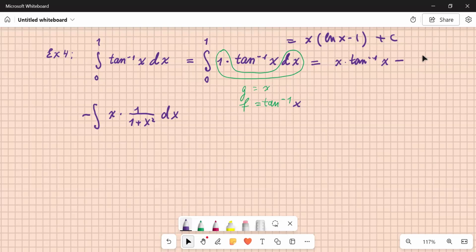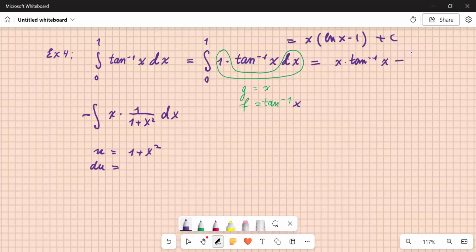Let's look at the expression of the fraction. You see that the fraction, besides being a derivative of tangent inverse, also looks like a derivative of ln, right? Just the inner part of it is not x, but 1 plus x squared. I'll try that. My substitution is going to be 1 plus x squared. What is going to be then my du?